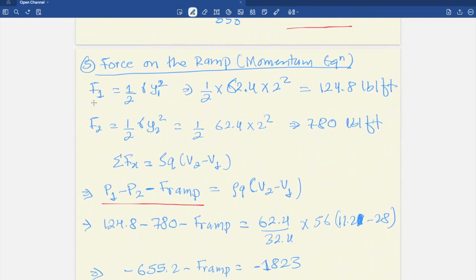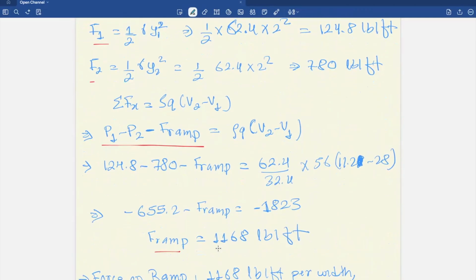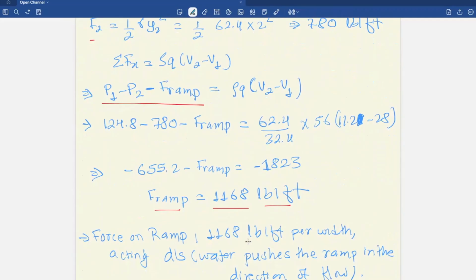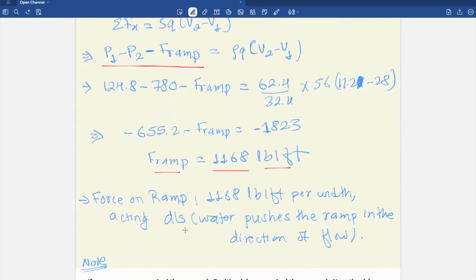We compute F1 and F2 separately, and at last we get F ramp equal to 1168 pounds per foot, and our force on the ramp is 1168 pounds per foot of width, and that acts downstream. That is, the water pushes the ramp in the flow direction with 1168 pounds per foot.